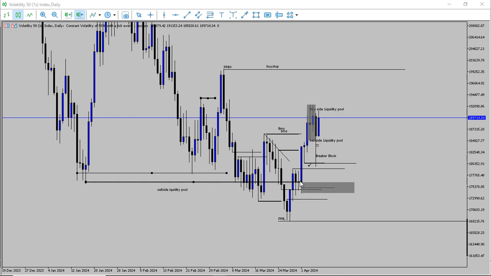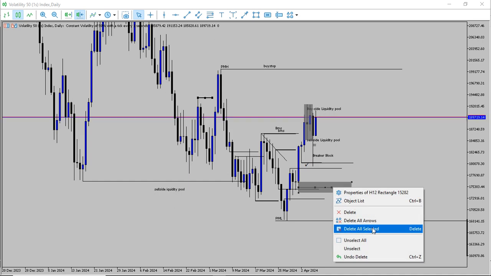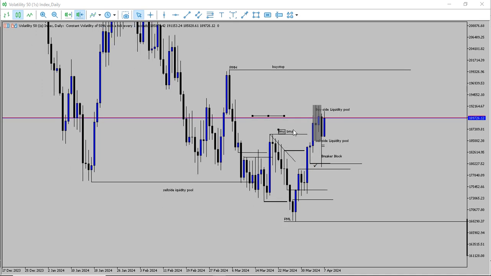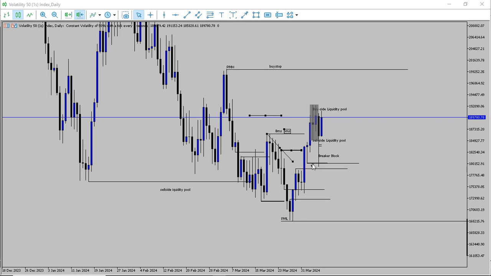No, we leave it right here because we use that to identify our sales liquidity pool. We delete this one and this one. Delete all selected. We delete this one and this one. Then we delete this, we delete this one, then leave that one.